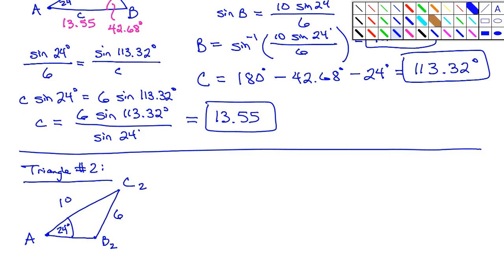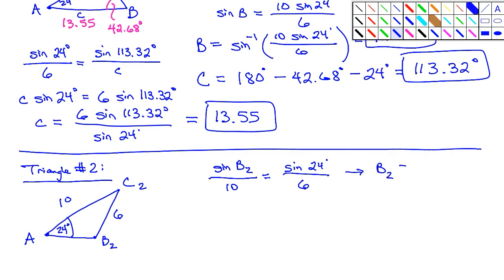If we did the sine of angle B2 divided by 10 is equal to the sine of 24 degrees divided by 6, and you solve that and work that out in the calculator, you would get that the B2 angle is 42.68 degrees.